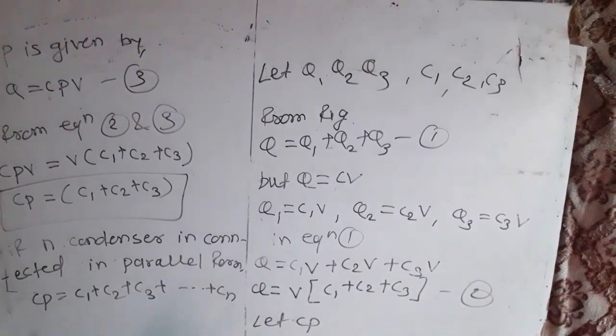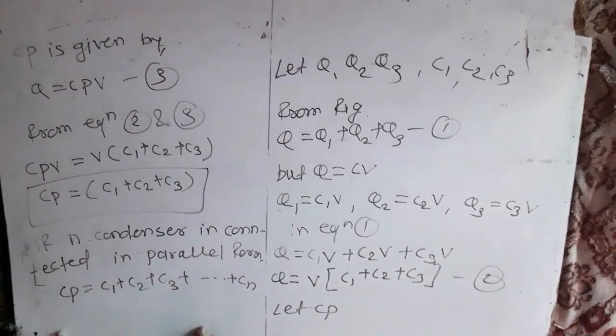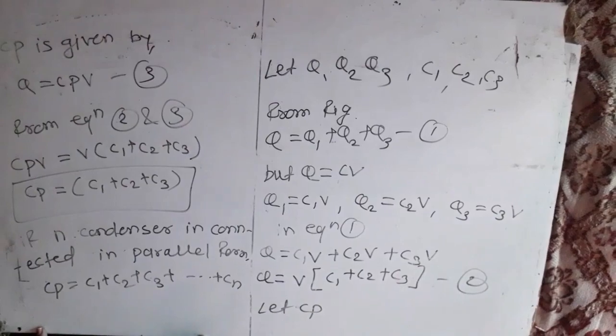Okay, this expression is known as the equivalent capacity of condensers in a parallel form, and this is completely 4 marks.